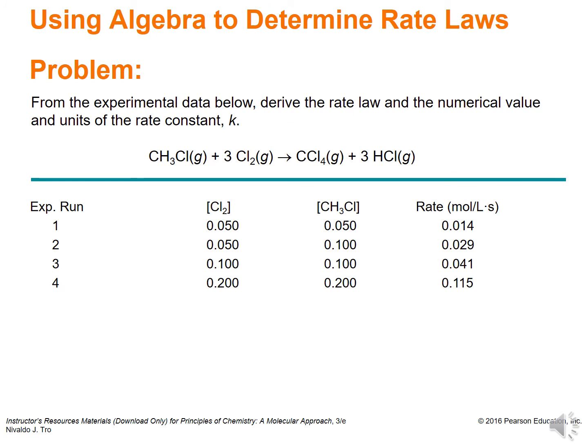So that's how we would apply these concepts in an actual problem. Sometimes things are a little more complicated, like this reaction, where we have to consider 2 reactants: CH3Cl gas plus 3Cl2 gas yields CCl4 gas plus 3HCl gas. If we look at the experimental runs, there's now another way to approach this. If you haven't caught on just yet, give us a moment and we'll point it out.